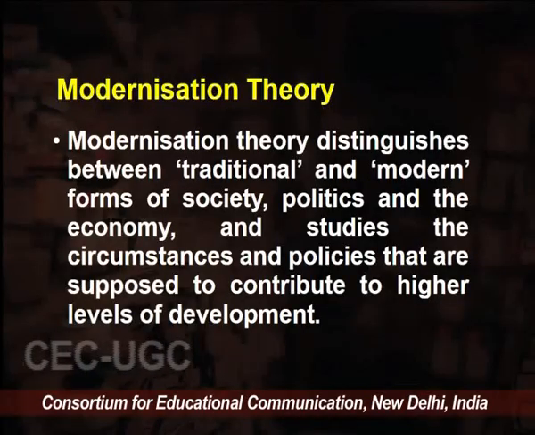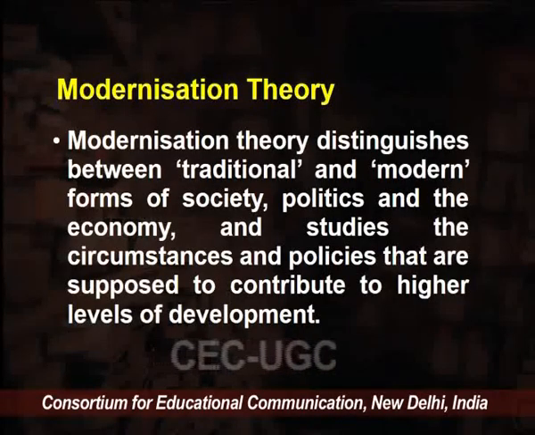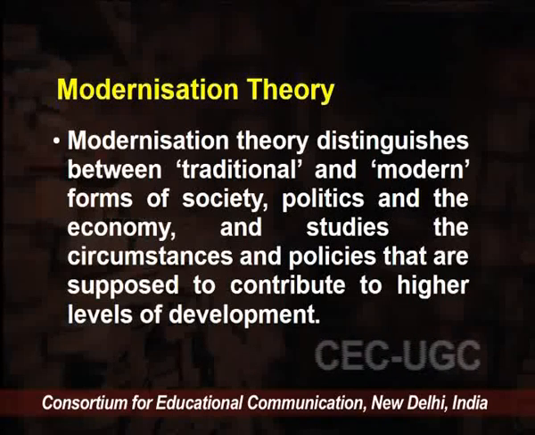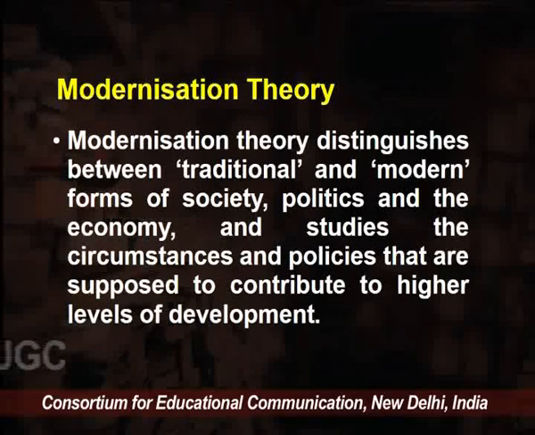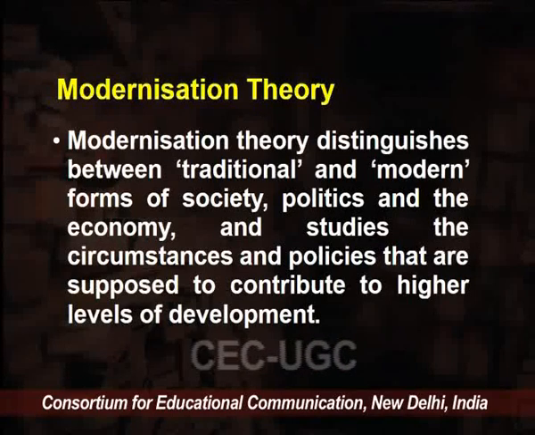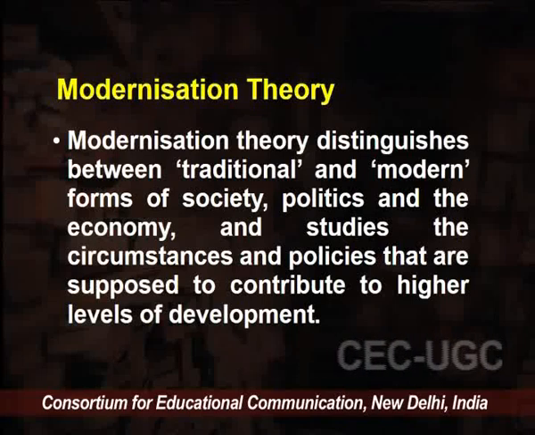The third theory, which is very important, is modernization theory. As I've already said, modernization theory differentiates between two kinds of society, the traditional society and the modern society. The traditional society would be based on, say, a home subsistence economy, and a lack of technology or organized means of production.